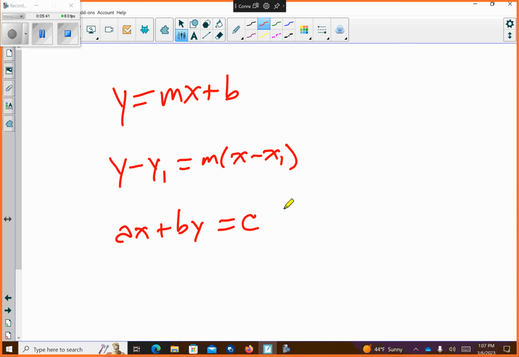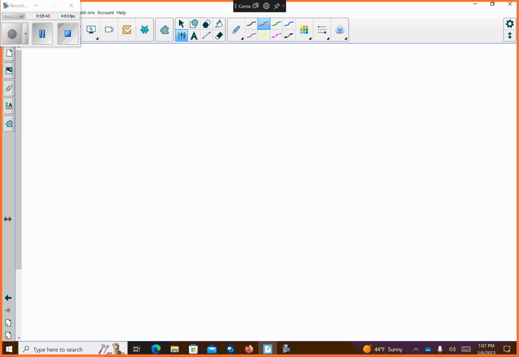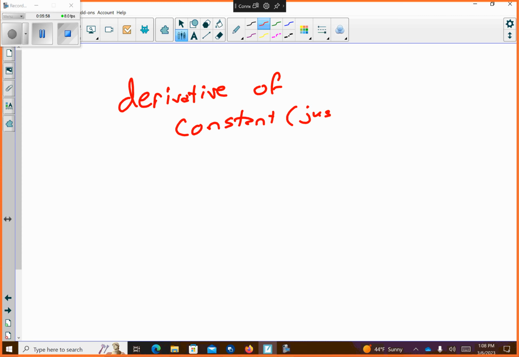But let's just jump into it. I wanted to take the derivative of a constant. Well, we have to remember that a constant is just a number. You represent a derivative by going d over dx. And if I wanted d over dx of a number, let's say 55, the derivative of that is just 0.